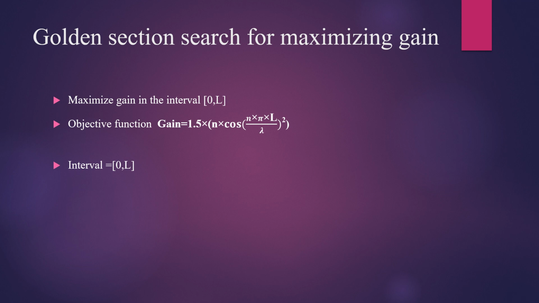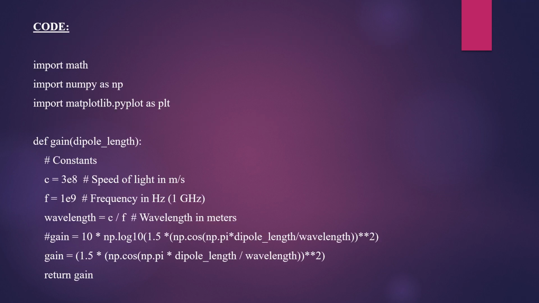Golden section search for maximizing gain. The objective function is gain equal to 1.5 into n into log cos (n pi L by lambda) whole square. We have to maximize the gain in the interval 0 to L. This is the Python code to find the maximum gain of an antenna using the golden section search algorithm. Firstly, I am importing three libraries, math, numpy and matplotlib.